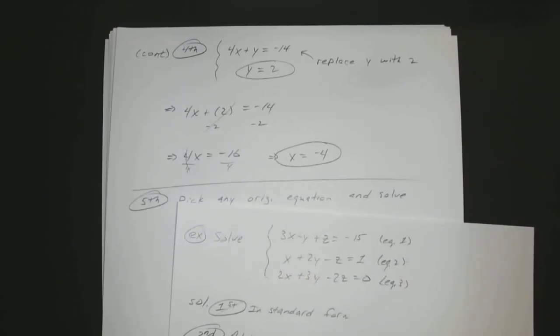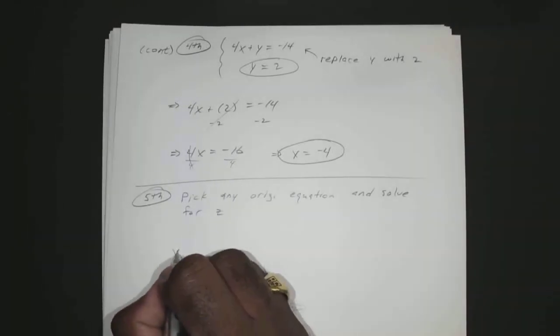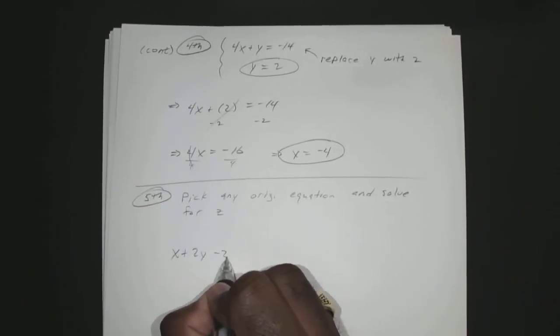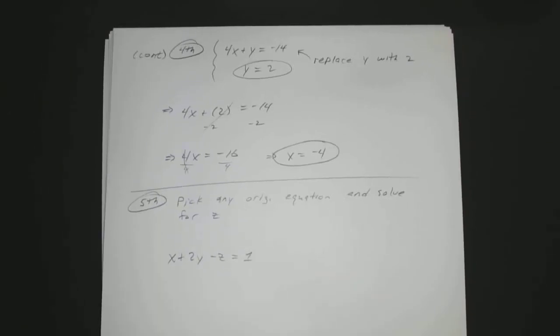Okay, so if we go back to the original, we can pick any one of these. I'll pick this one for no reason other than I had to pick one. So you have x plus 2y minus z equals 1.